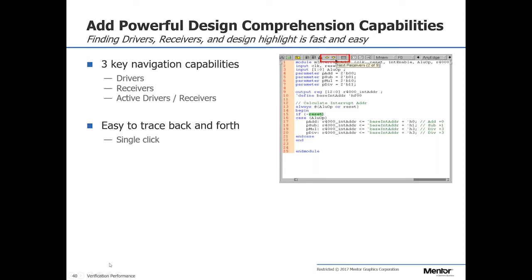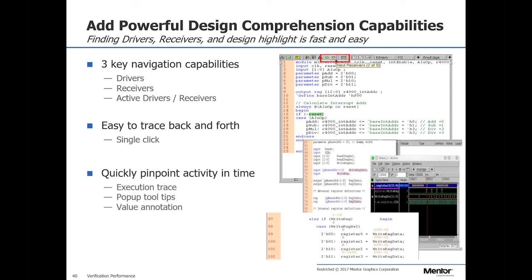And then if you click on any signal in the design, you can say, trace me to all the receivers of that design, or trace back to the driver of this signal. So that's super quick, and it's 1 click versus 3 or 4 to do that in the traditional debugger.